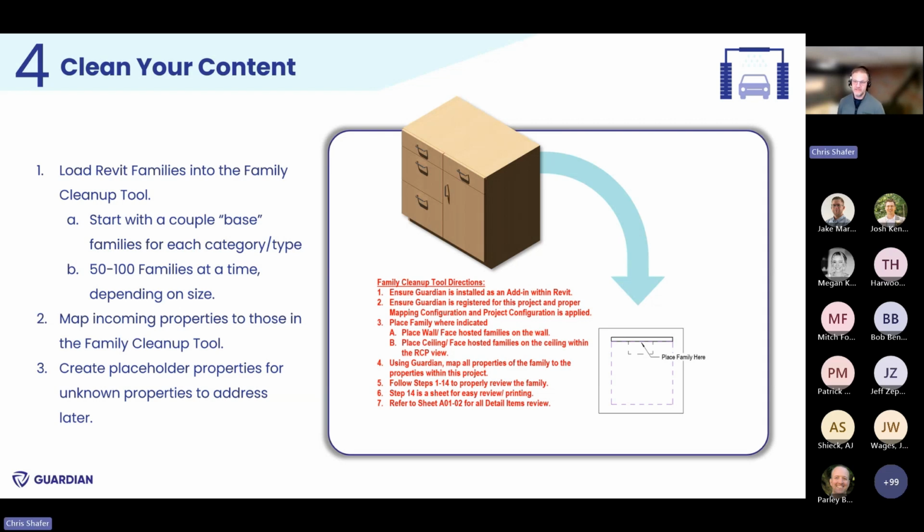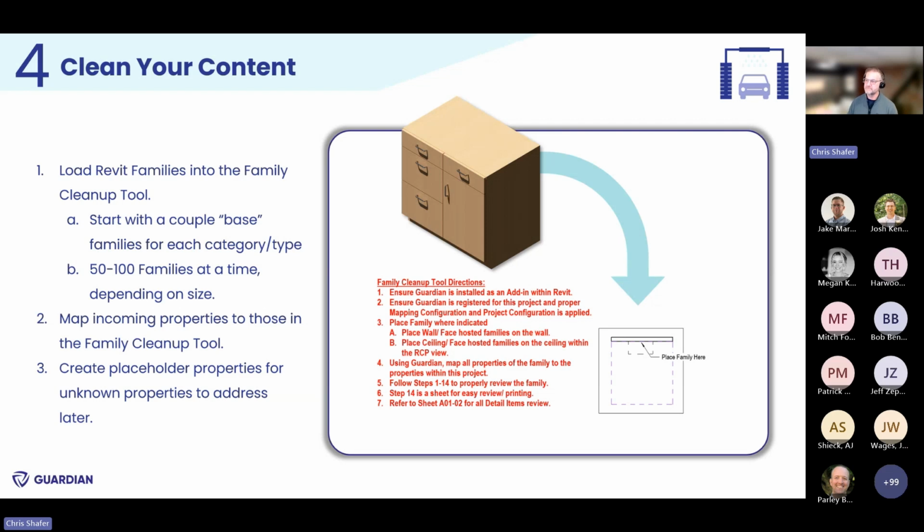And then, as AJ had mentioned earlier, is understanding what is the appropriate amount of families to do at a given time. My recommendation is to do somewhere between 50 to 100 families at a time. And you may be thinking, well, I've got 4,000 families. That's going to take forever. It actually goes much quicker than you think, right?